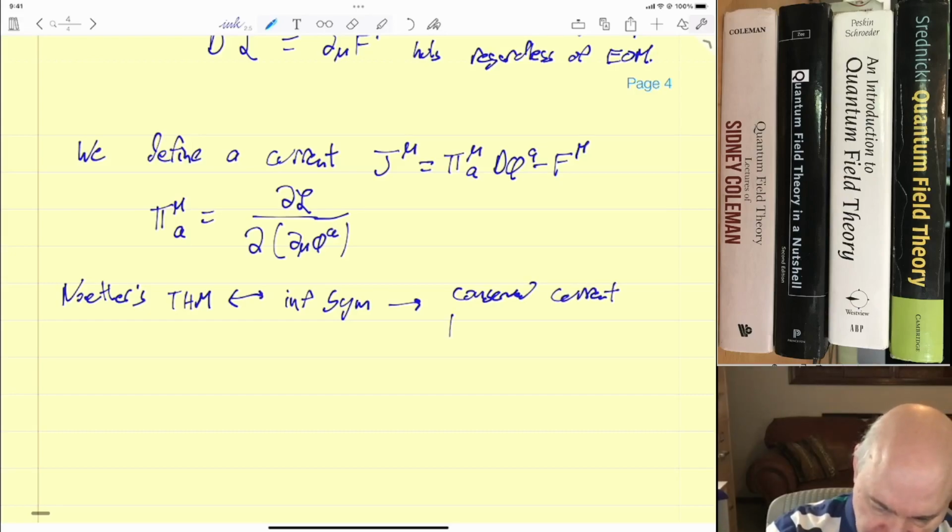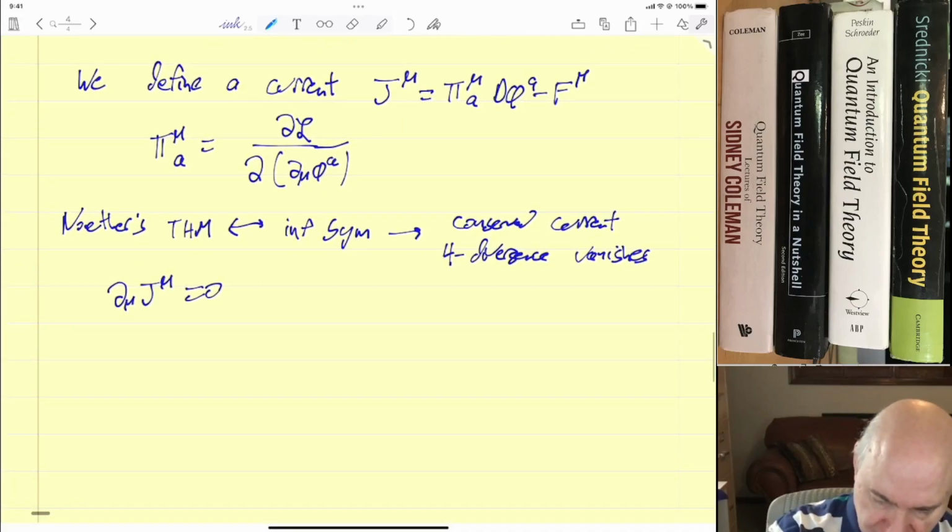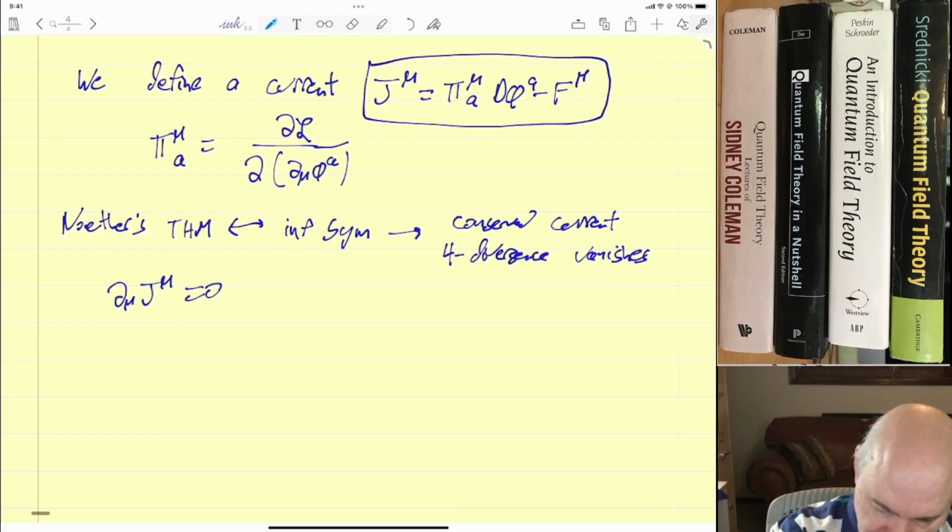We mean that the four-divergence vanishes. So the partial of mu of J^mu has to equal 0. Now from our definition above, let's calculate it.